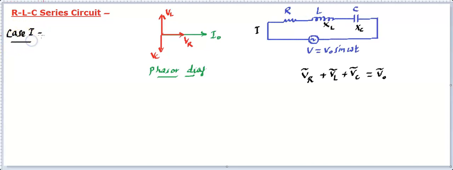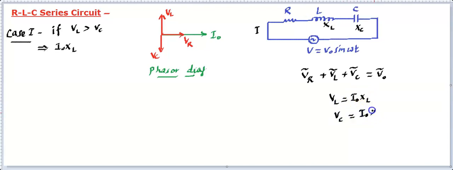So in this case, let's say VL is greater than VC. Try to understand what this means. We can write VL as I naught XL, because the potential difference across the inductor, as a peak value, is peak current into XL. The potential difference across the capacitor as a peak value is peak current into XC.